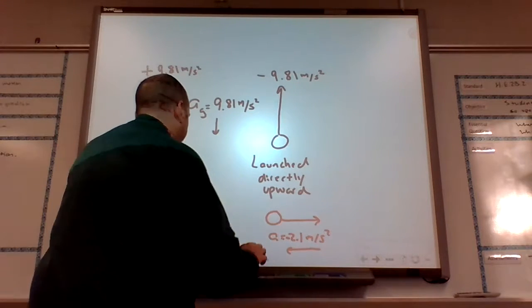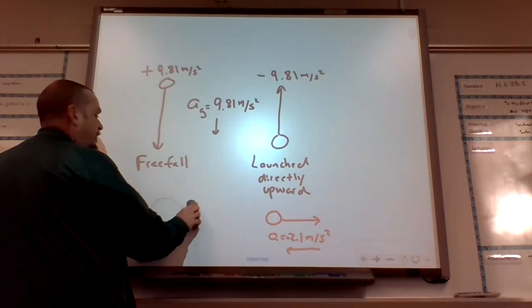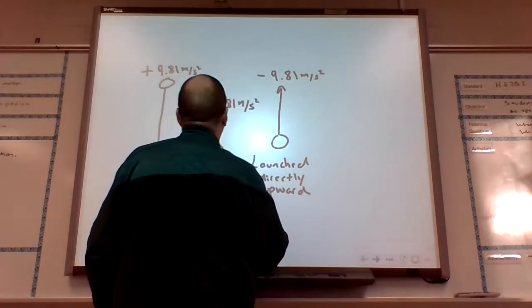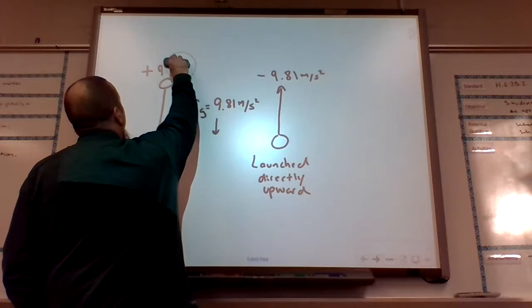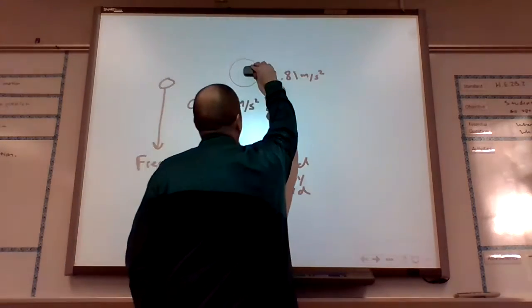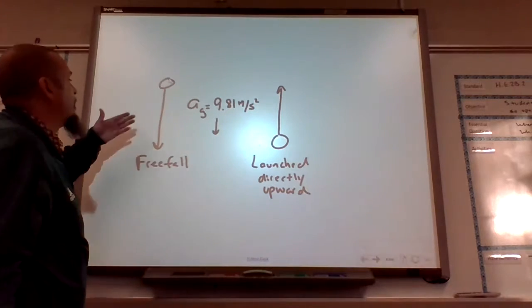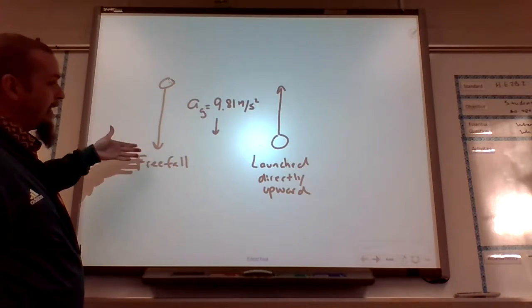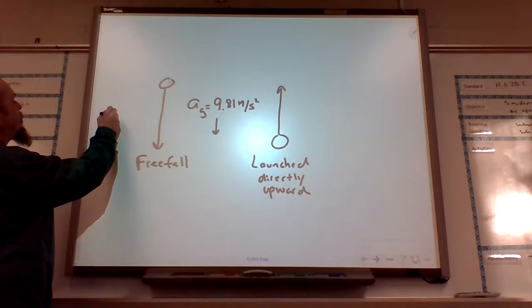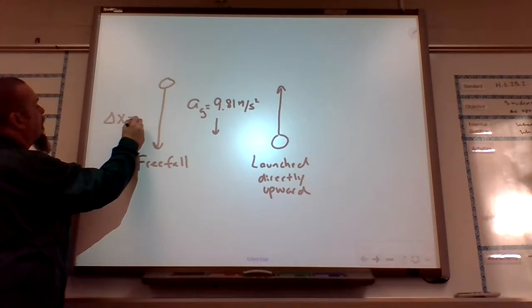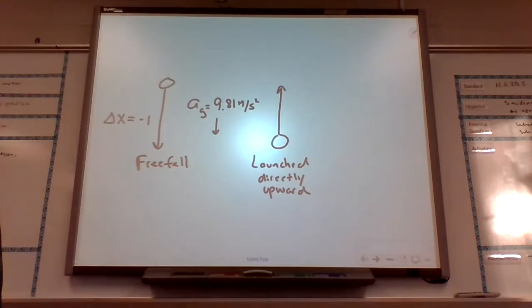The other way to look at it is to think about positives meaning up and negatives meaning down. Downward motion would be considered negative displacement. So your delta x in these problems could be treated as a negative number.